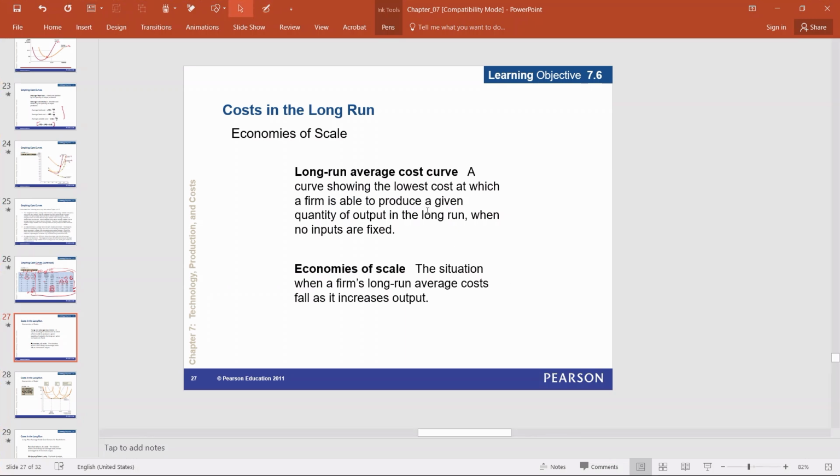So the average cost will fall as you increase output. If you take total cost and divide by Q, over time, this cost should decrease.